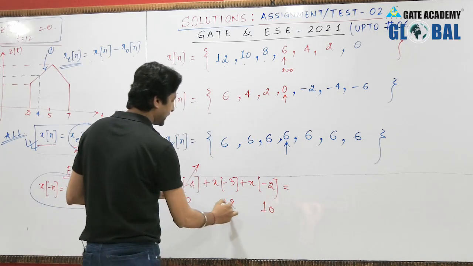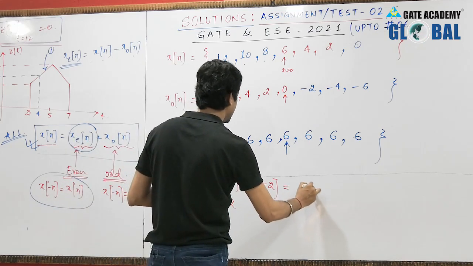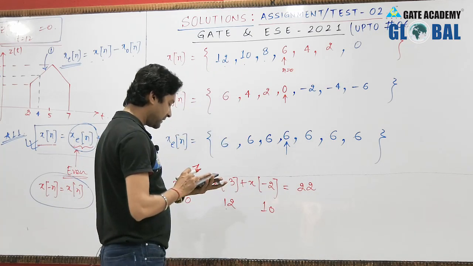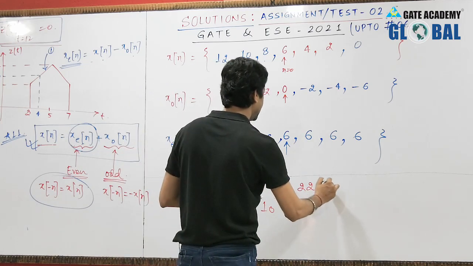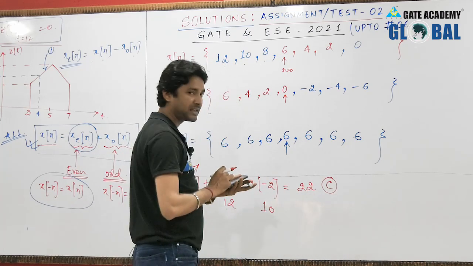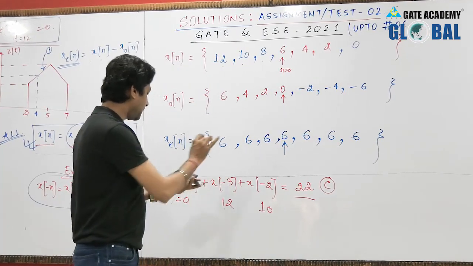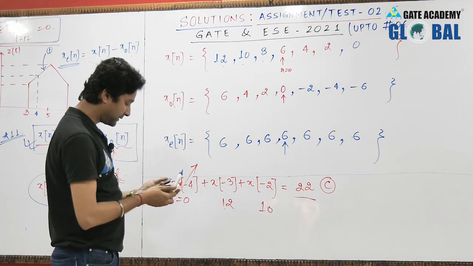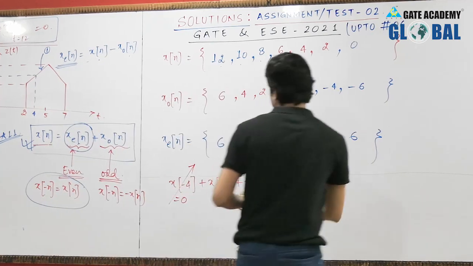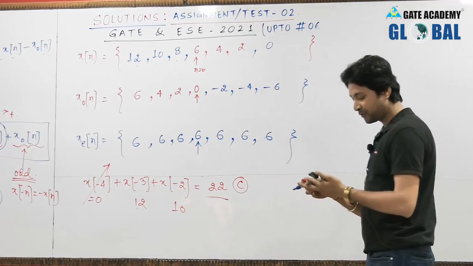So 12 plus 10, the value is going to be 22, and if we see the options, then option C is correct for question 11. So now we have got the answer, the sum of x of minus 4 plus x of minus 3 plus x of minus 2 is equal to 22.